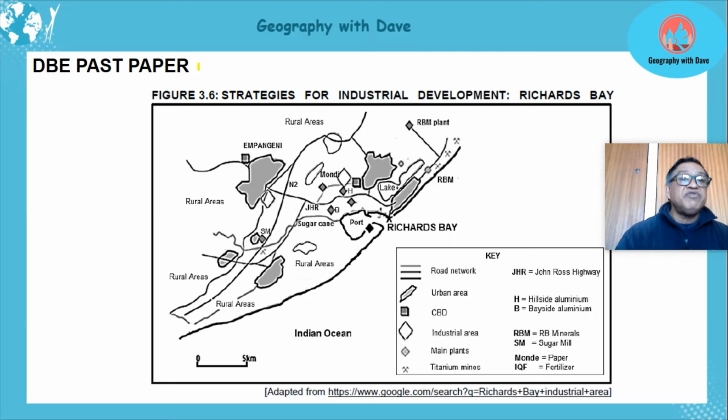Of course, no presentation here. We have to do a DBE past paper, and I chose the 2019 paper for a specific reason. Sometimes we look at the paper, learners, and we say, but if I look at the strategies for industrial development, and it's Richards Bay, and it's showing us the bay.